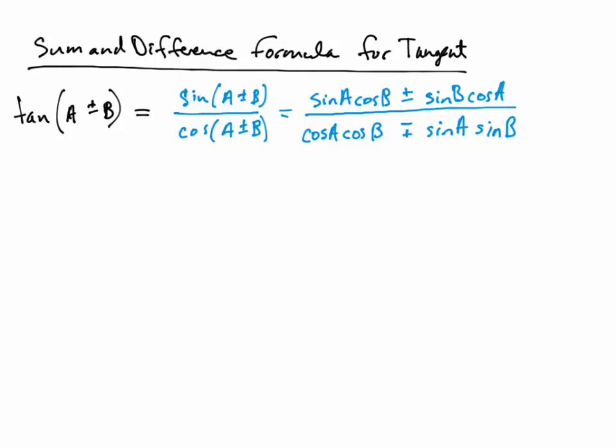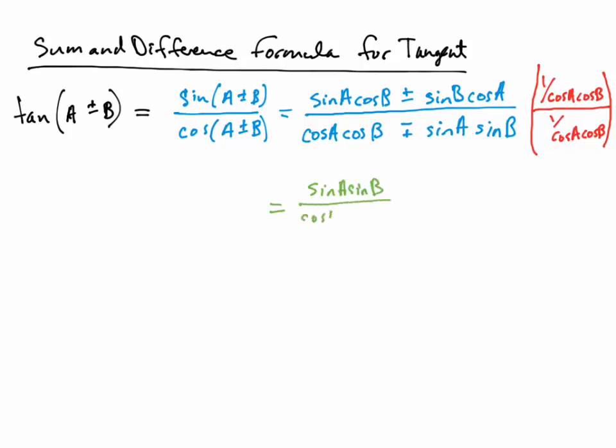So from here, we're going to divide each term by cosine A, cosine B. Or rather, we're going to multiply the numerator and the denominator by 1 over cosine A, cosine B. Doing so, we're going to get sine A, sine B all over cosine A, cosine B plus or minus sine B sine A over cosine A cosine B. So that's what we'd have in the numerator.